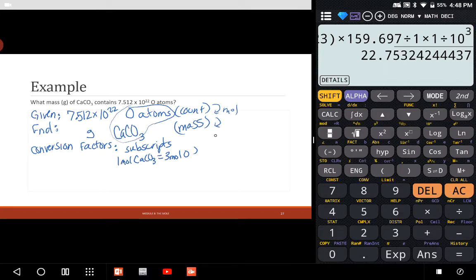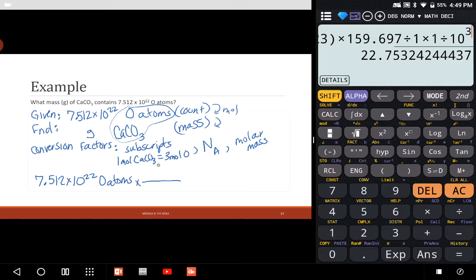And so I'm going to have to stop over in moles first. I go from counts to moles using Avogadro's number, which is abbreviated Na. And then I go from moles into mass using molar mass. So I'm going to need 3 different conversion factors for this particular problem to get all my changes done. So 7.512 times 10 to the 22nd power oxygen atoms.